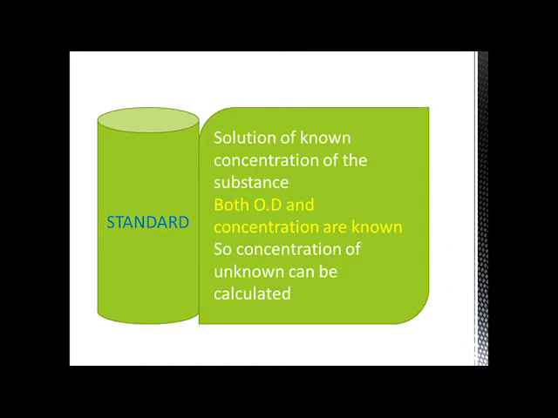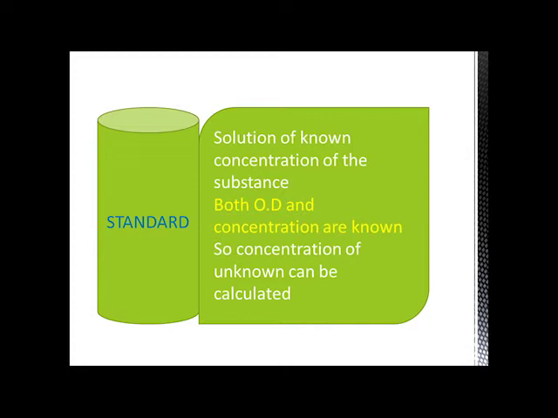Next one is the standard solution, a set of standards. They are solutions containing a precisely known concentration of substance or analyte. Normally, they are placed in increasing concentration. For example, if we need to analyze a test between the concentration 5 microgram to 10 microgram, we may use standards having concentration from 2 microgram to 15 microgram.